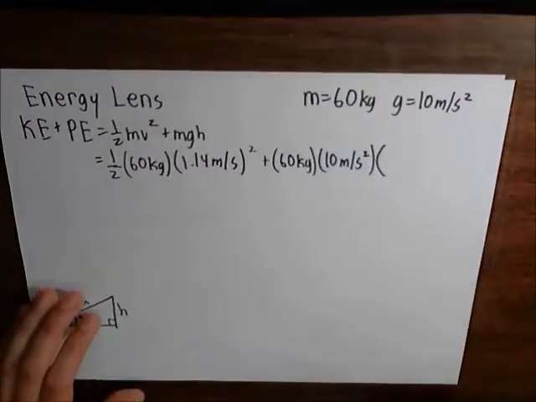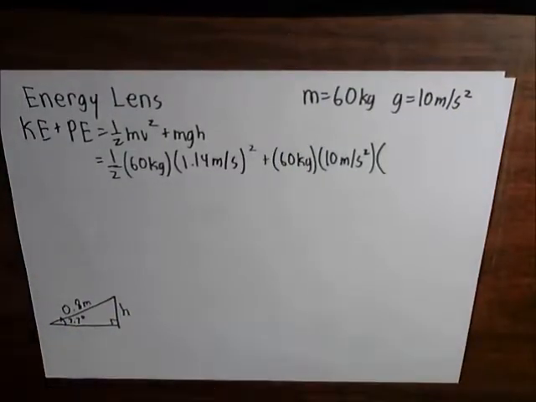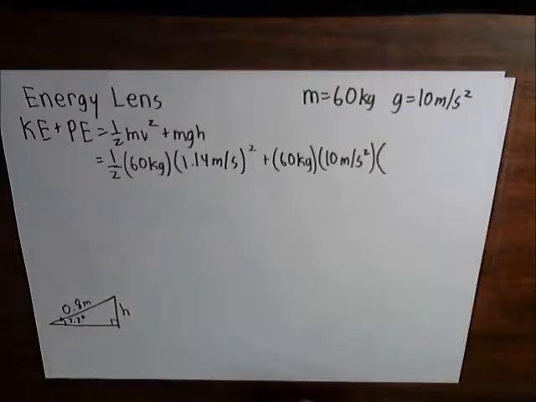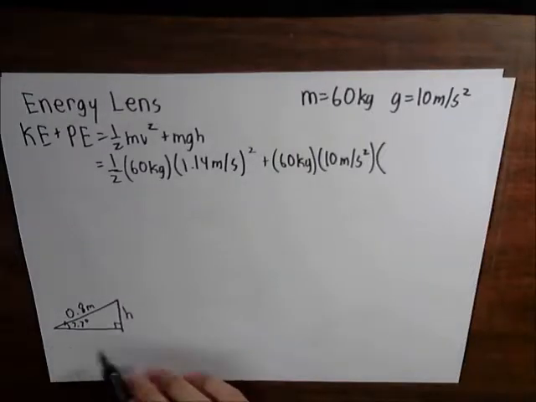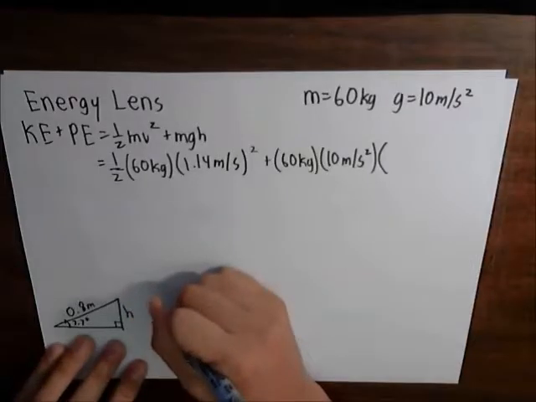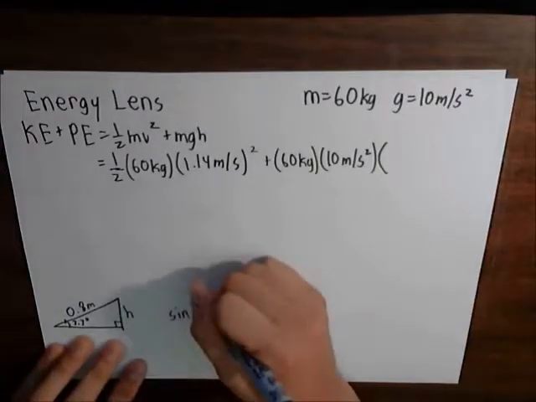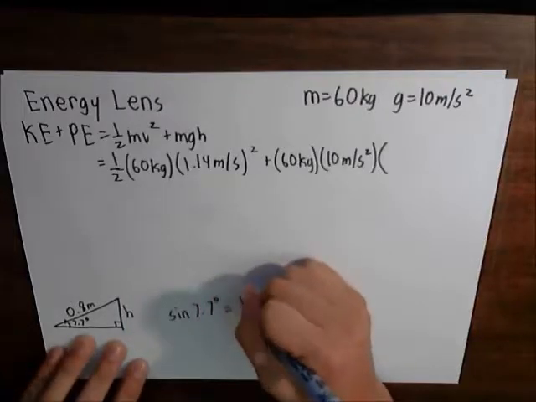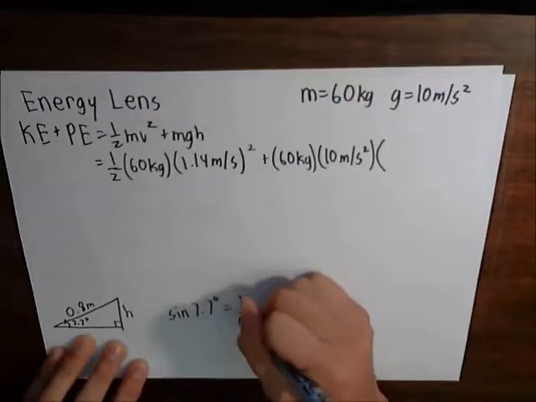And to find our height, I drew this triangle right here. So as you can see, this is the diagonal displacement, 0.8 meters, and we have an angle of roughly 7.7 degrees, which we measured. So we know that the sine of 7.7 degrees is equal to opposite, which is h, over the hypotenuse.